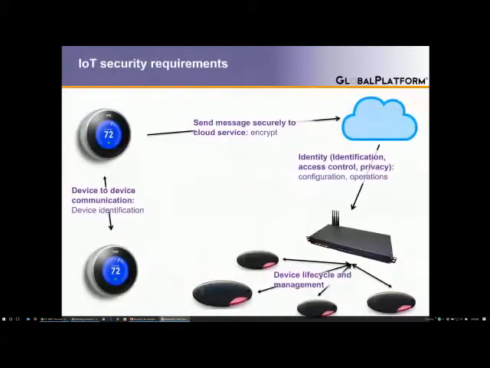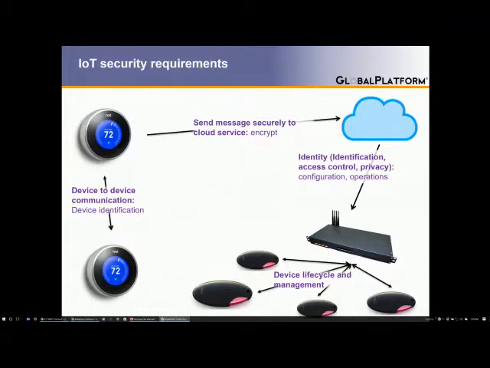So what kind of security requirements are we looking at? Well, in order to communicate with a cloud to a system level in the background, we need to make sure the communication is encrypted. Or if it's from device to device, that there's some kind of way for that device to be authenticated and identified, so that it doesn't allow just any device attached to it.